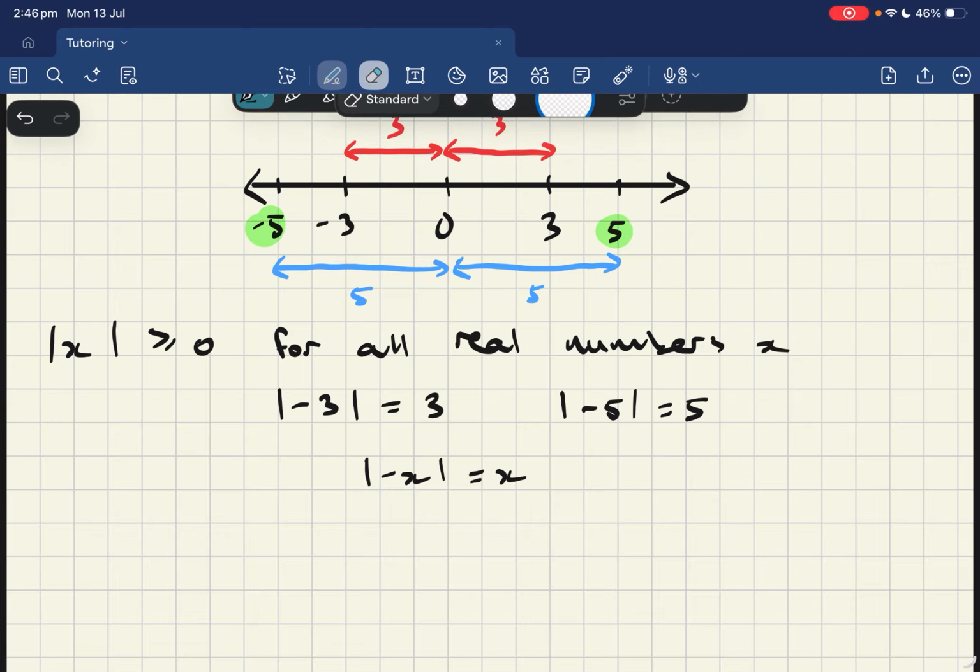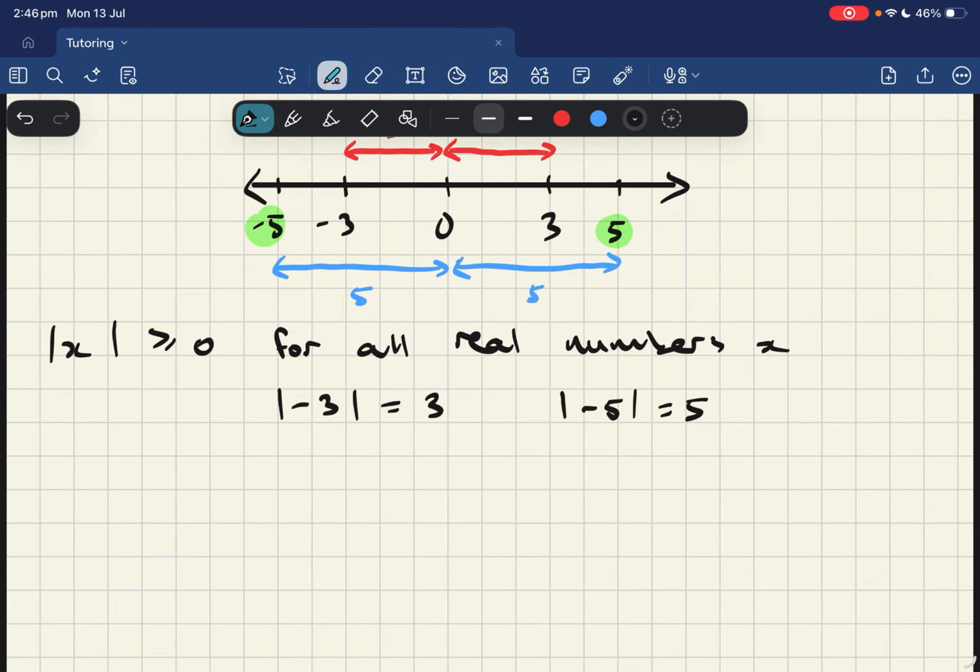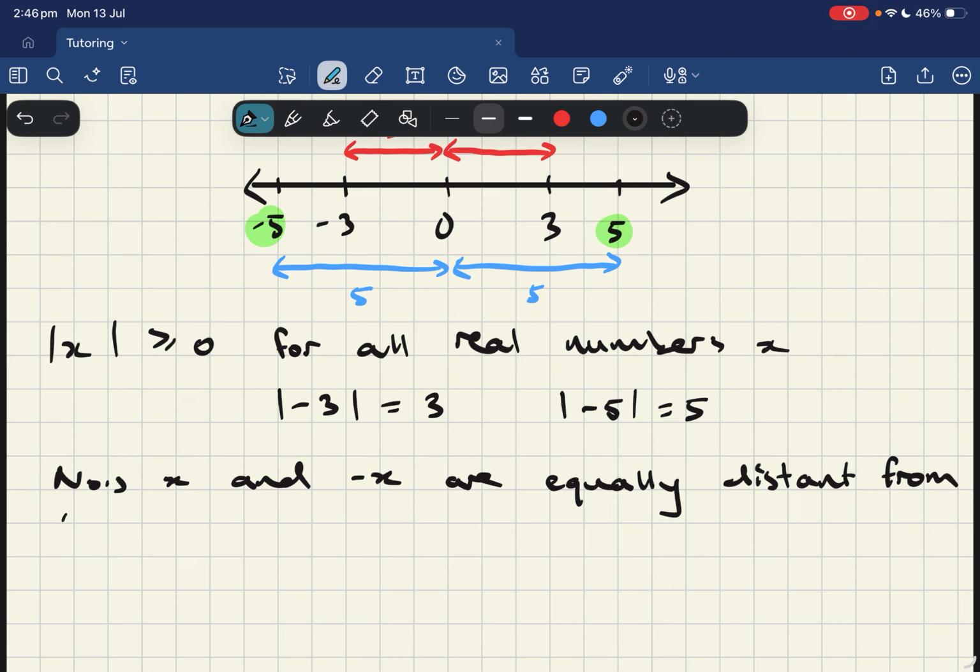And one more point just to add here, based on this, we can say that the numbers x and negative x are equally distant from the origin. That's what I basically showed in this diagram above. These are equally distant from the origin.